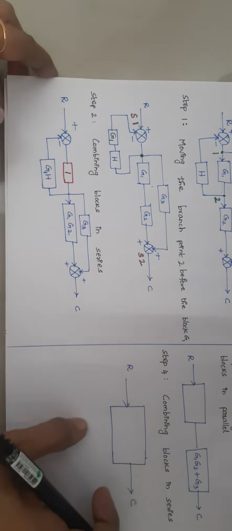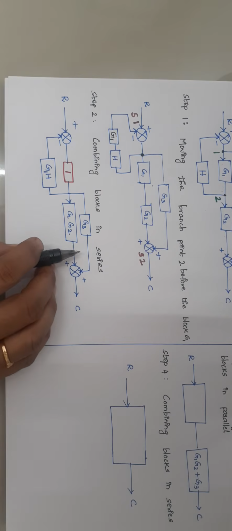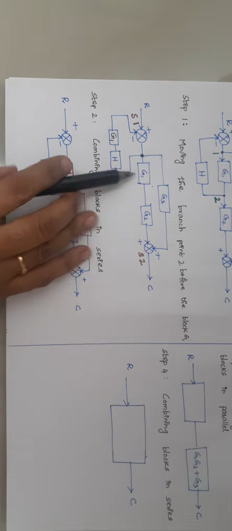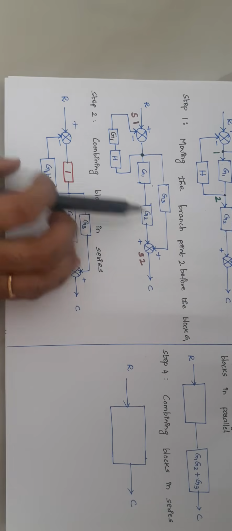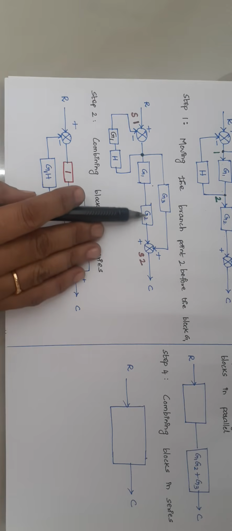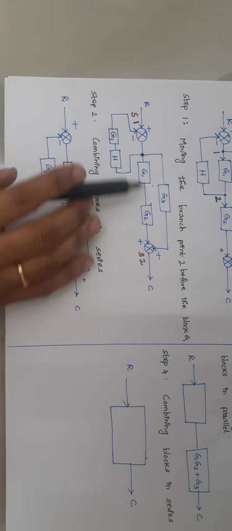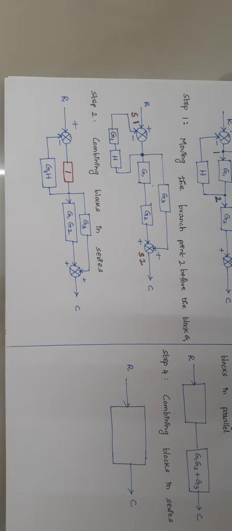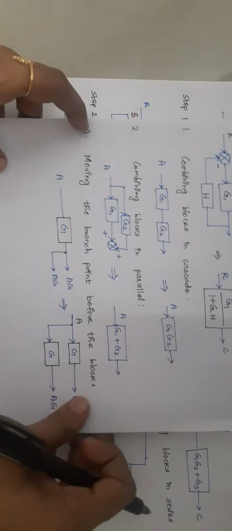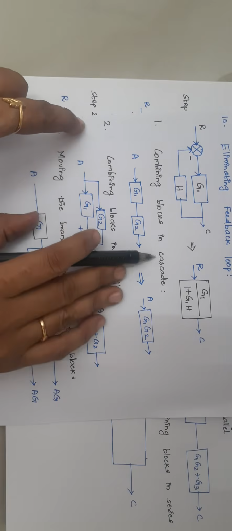The second step is combining the blocks in series. Now G1 and G2 are in series combination. Whenever two elements are in series, we can combine them by simply multiplying the elements. This is our rule number 1, combining blocks in cascade.